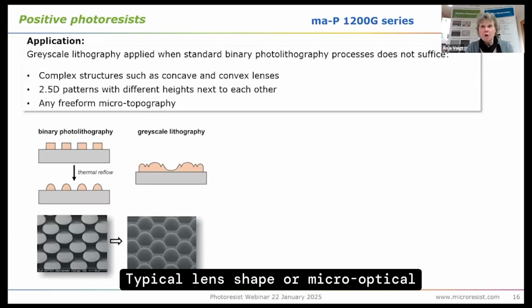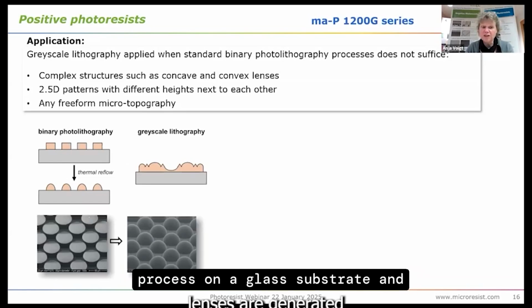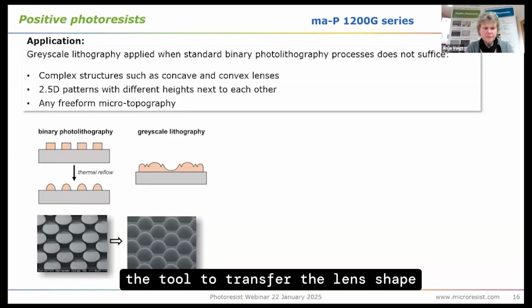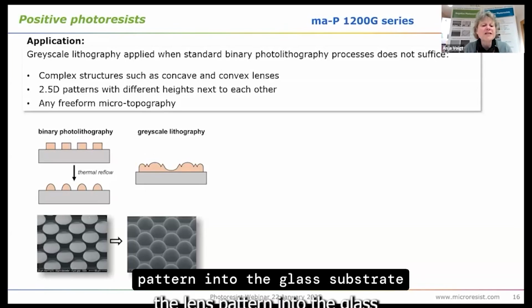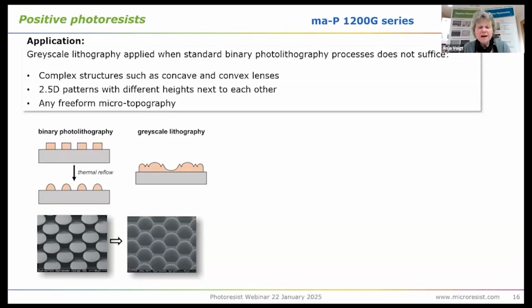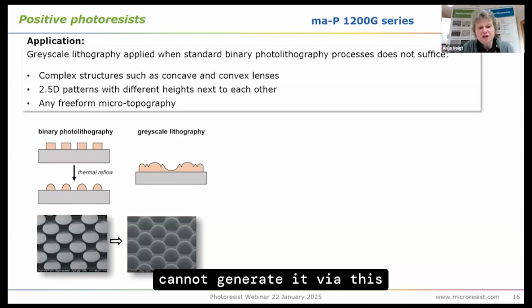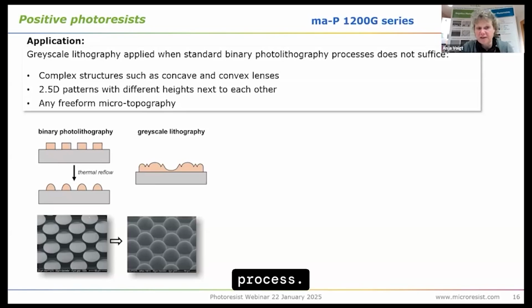Typical lens shapes or micro-optical lenses are generated by having this process on a glass substrate and then using an etch process to transfer the lens shape pattern into the glass substrate underneath. But other kinds of 3D patterns cannot be generated via this process.